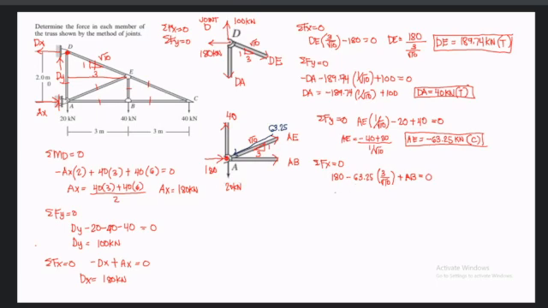Okay, so this is your AB now. Solving for AB, I move the constants to the other side of the equation. So this will become negative 180 minus 63.25 times 3 over square root of 10. So what's your AB?